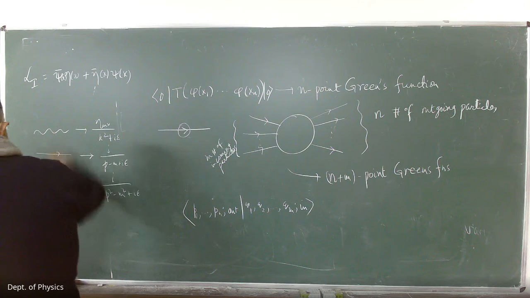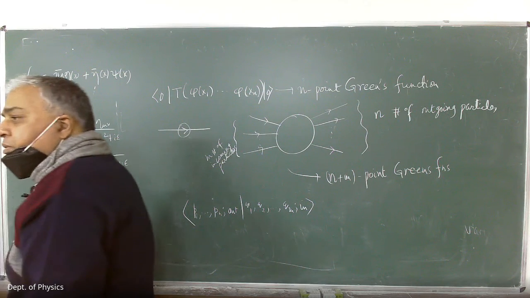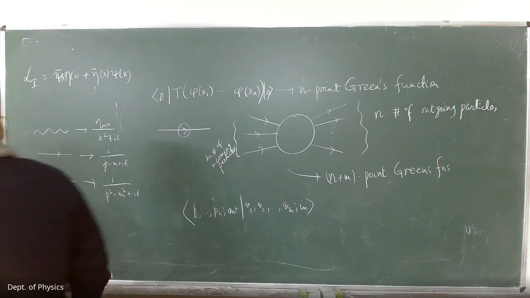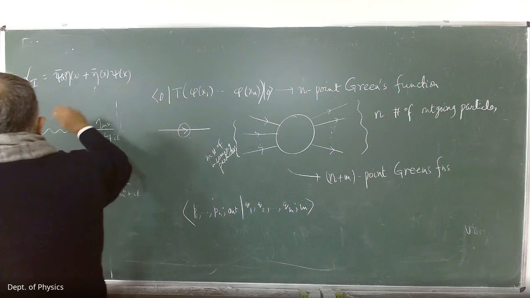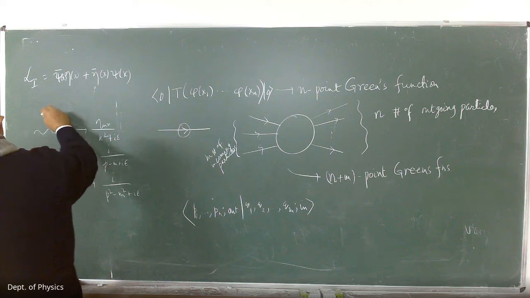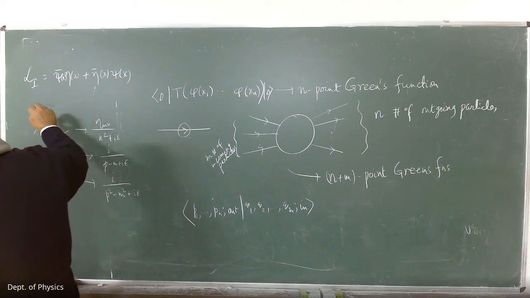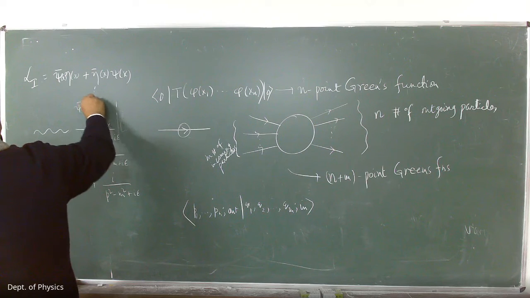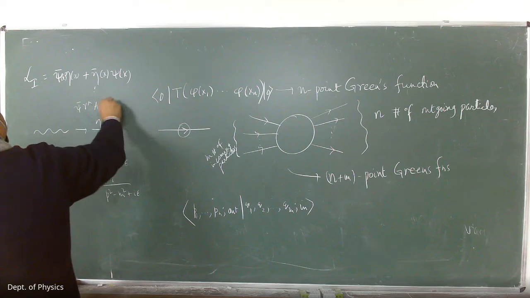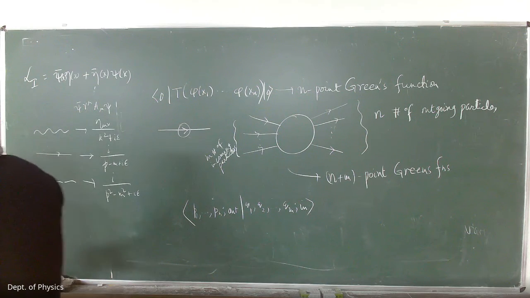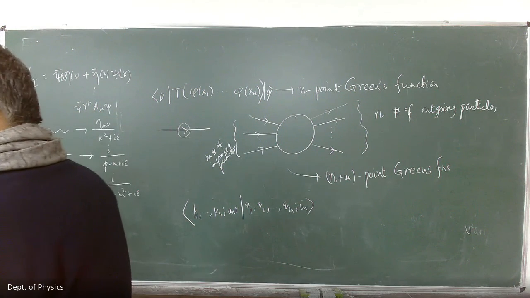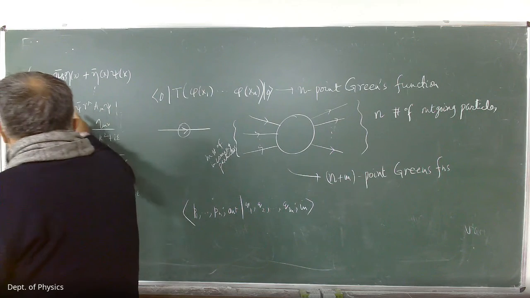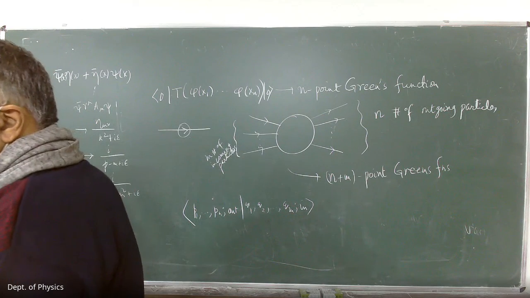So using these three propagators and the vertices, you can, for example, in the electromagnetic case, you have the interaction with the photon, psi bar gamma mu A mu psi. So from there you can read off basically the vertex. In QED, actually, this is the only vertex you can have.